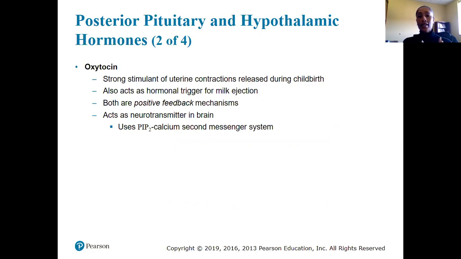Both the processes of uterine contractions and labor and milk ejection are positive feedback mechanisms, because the more a child suckles, the more milk the glands make. Also, the more oxytocin that's released in the body, the stronger the uterine contractions become.